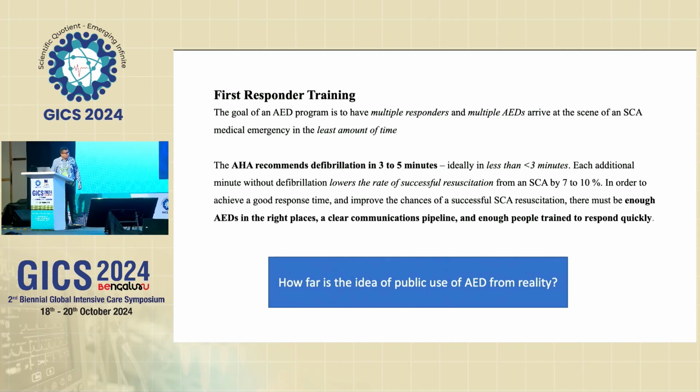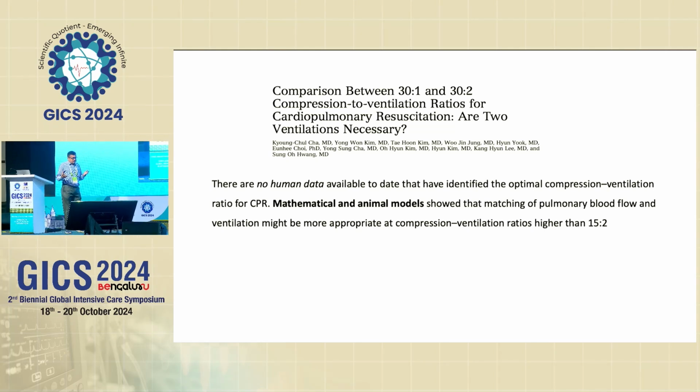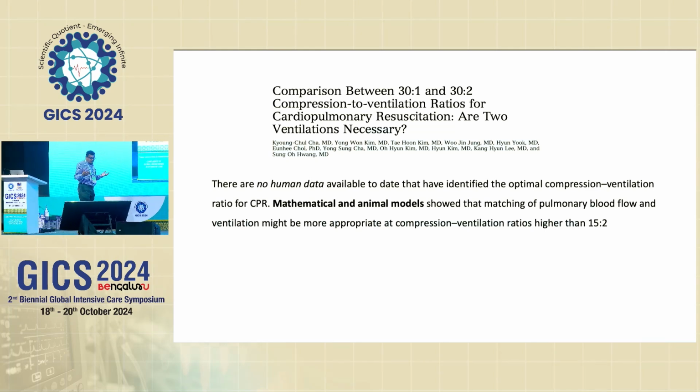Yeah. Okay, thank you. Next, I come to another important aspect we need to discuss, again about how close to or far we are from reality. Comparison between 30:1 or 30:2 compression to ventilation ratios. Now, for cardiopulmonary resuscitation, are 2 ventilations necessary? This is a good question because most of this has been compiled from studies.